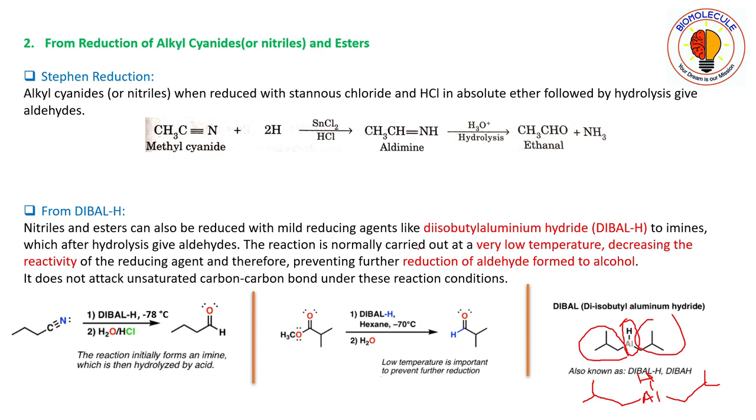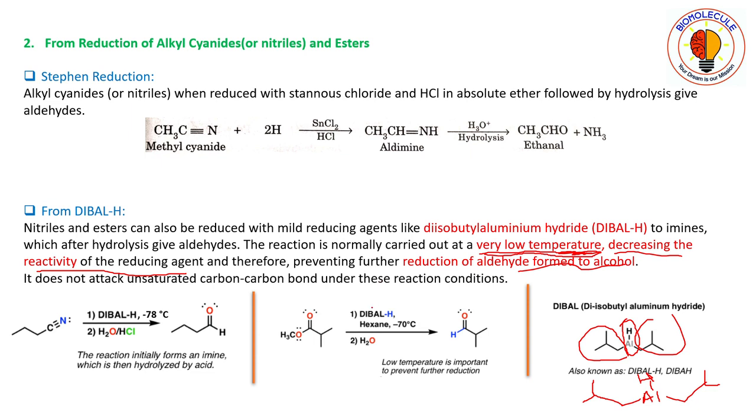The reaction is normally carried out at a very low temperature. This is the main thing in the reaction. Okay, you have to maintain a very low temperature. It decreases the reactivity of the reducing agent and therefore prevents further reduction of the aldehyde formed to alcohol.